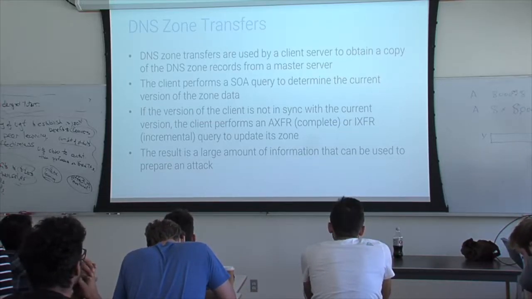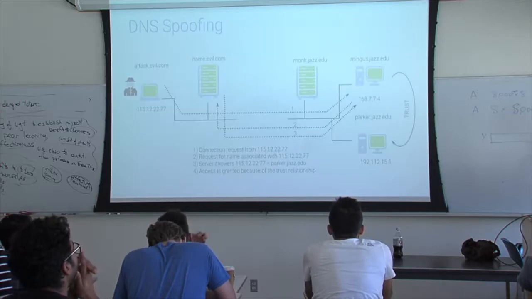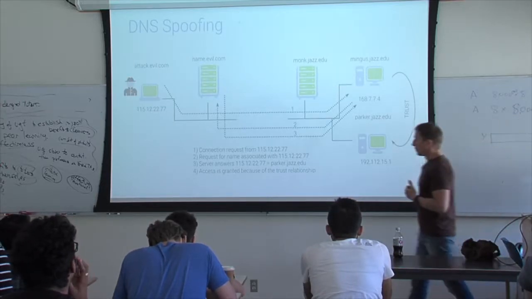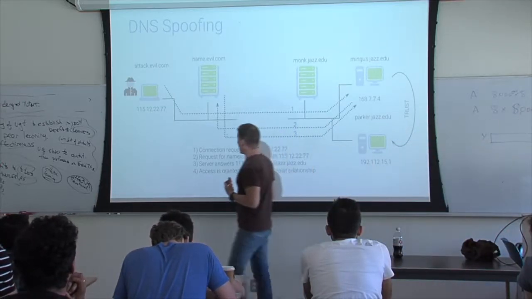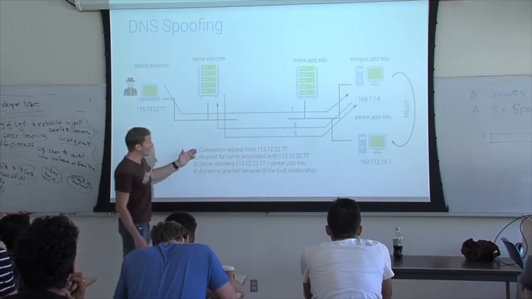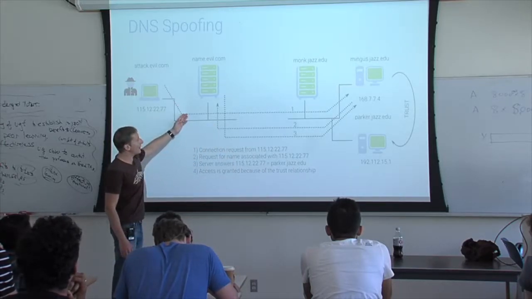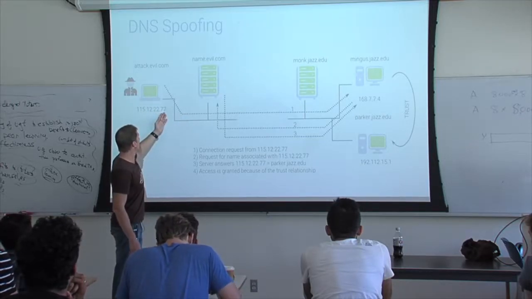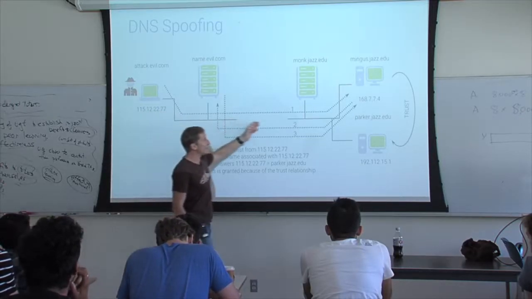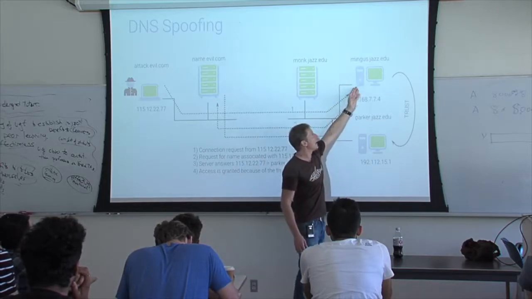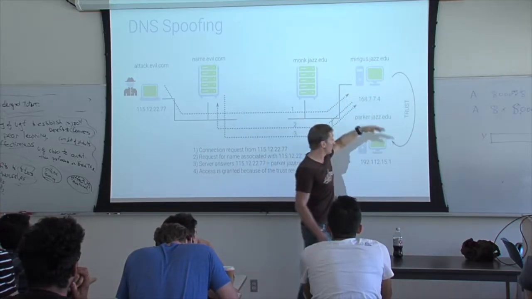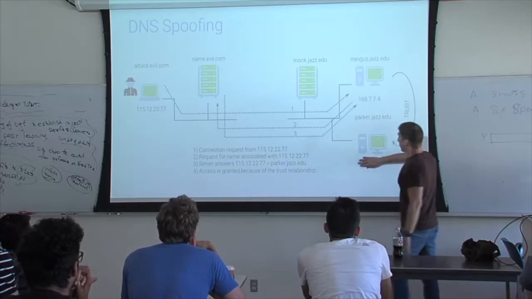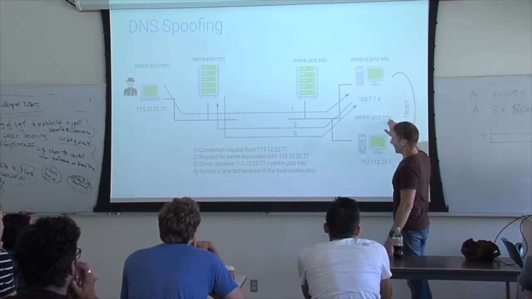But the real attack that is interesting and often used is DNS spoofing. So the basic idea is simple. You imagine the bad guy starts a connection to a server that has this IP address, and this is a TCP connection. And sometimes there are trust relationships that are not based on IP address, but on username.